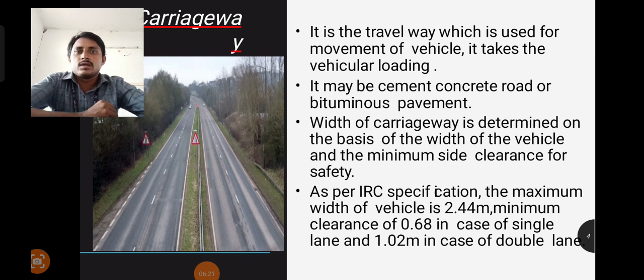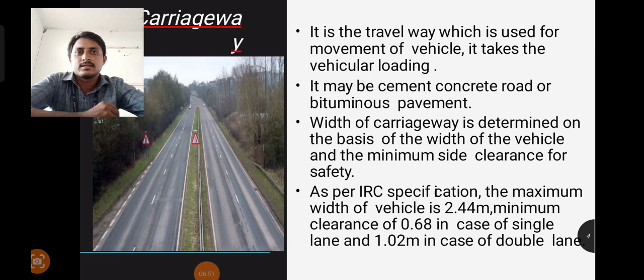The roadway may be a cement concrete road, which means a CC road, or a bituminous road. Whatever it is, the carriageway is there in CC roads and also in bituminous pavements.